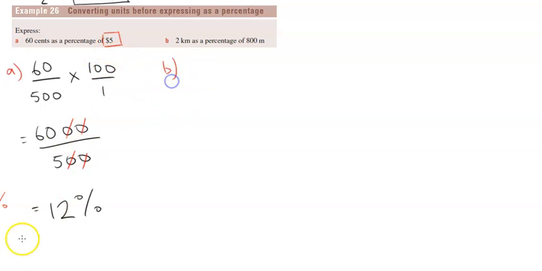B, we're looking at 2 kilometers as a percentage of 800 meters. Now, what's going on here? We've got 2 kilometers, which is greater than 800 meters. If you were to read this in the form of a context, let's just say that every day for training you ran 800 meters.